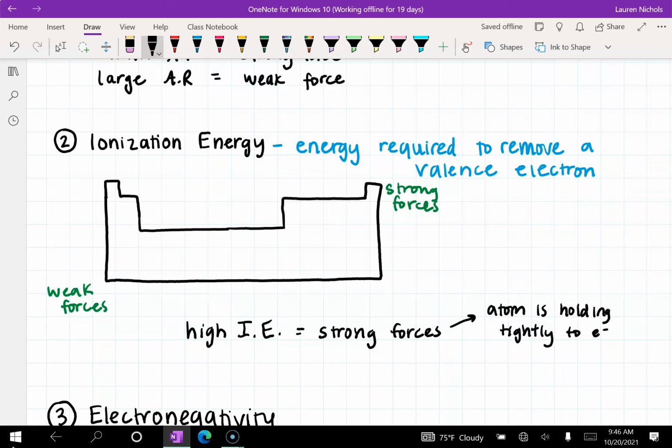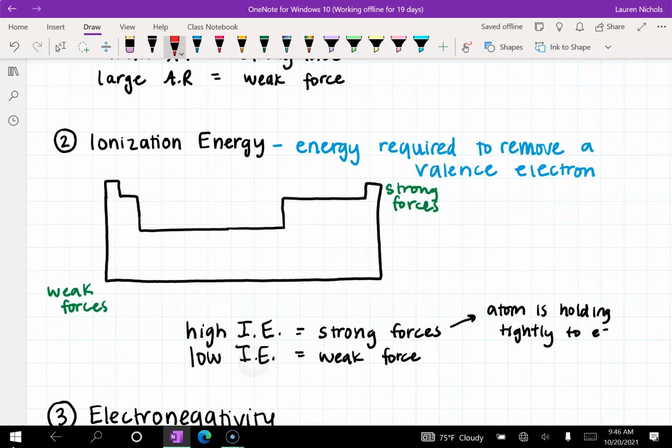The opposite is true: if I have a low ionization energy, there is a weak attractive force. It's not holding very tightly, so it's easy to take away the electrons.